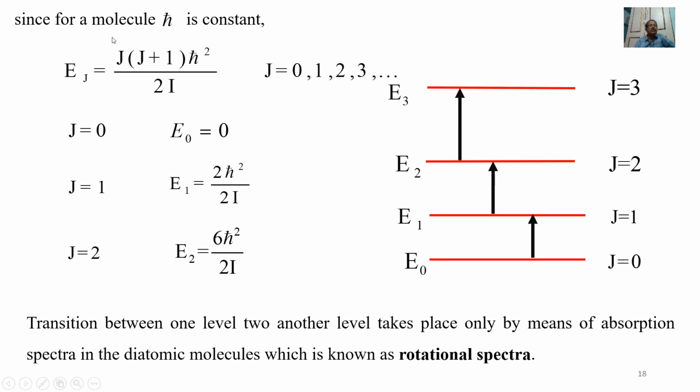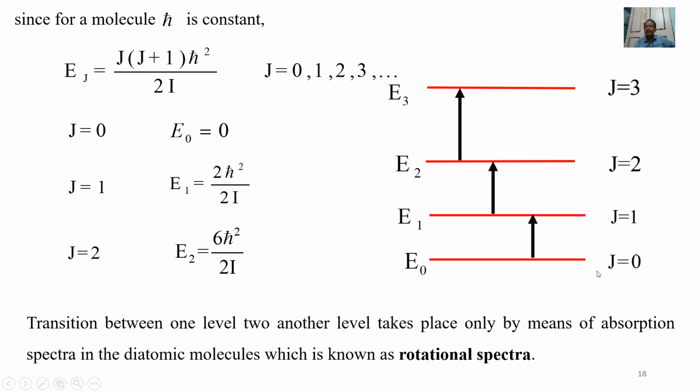Since for a molecule h bar is constant, we can write this equation as E_J equals J into J plus 1 h bar squared divided by 2I, where J goes from 0, 1, and so on. So when J equals 0, you substitute J equals 0 here, E0 becomes 0. When J equals 1, E1 becomes 2 h bar squared divided by 2I. J equals 2 gives us E2 equals 6 h bar squared divided by 2I. And the corresponding energy levels, which is nothing but the spectra, are given on the right hand side.